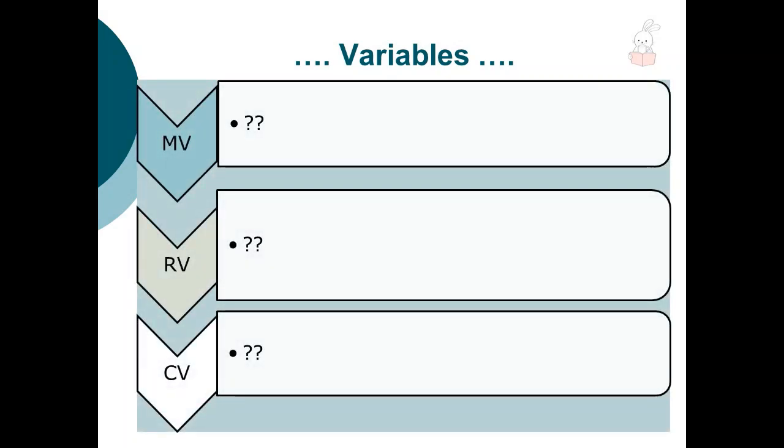Able to write the answers for the variables, which are the MV, RV, and CV? Please try.